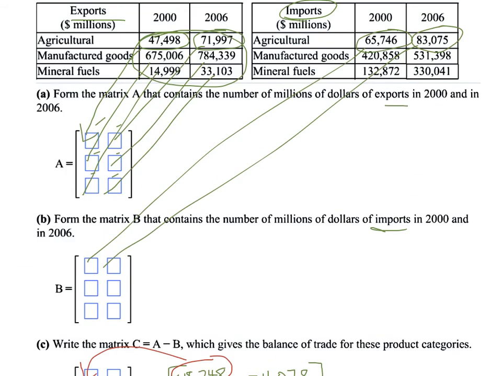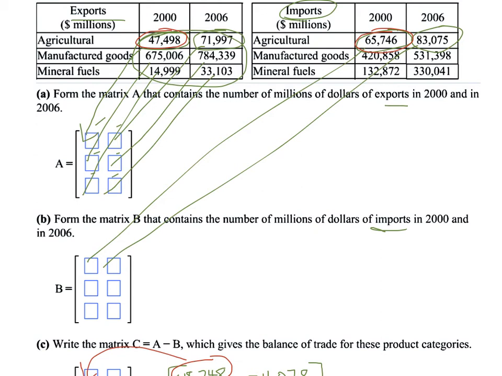That means that the agricultural exports in the year 2000 minus the agricultural imports in the year 2000 was a negative number. And negative is really bad when you're talking about exports and imports, because that means that we brought in more agricultural goods from other countries than we sent out. So we kind of lost money, if you want to think about it that way, as a country.